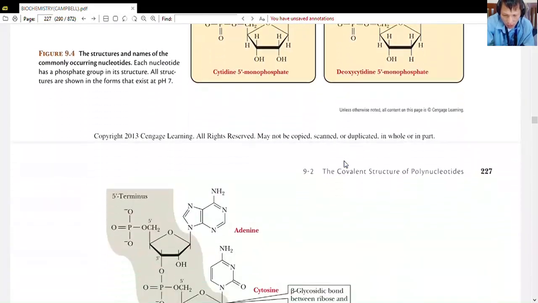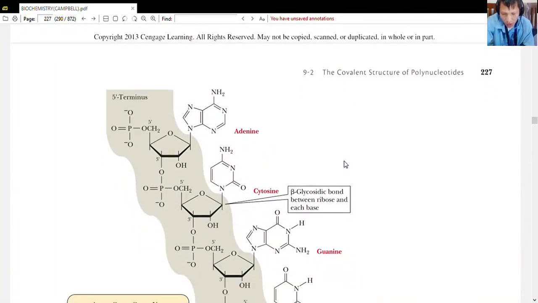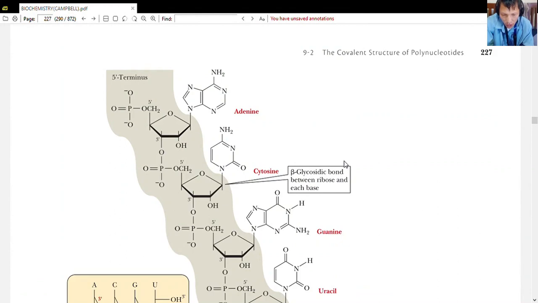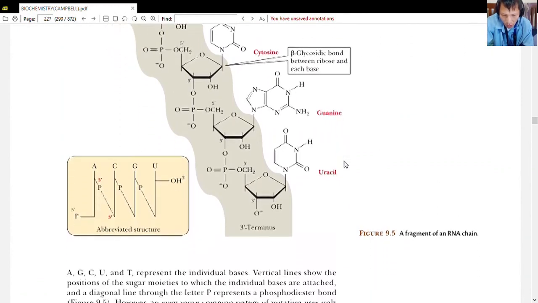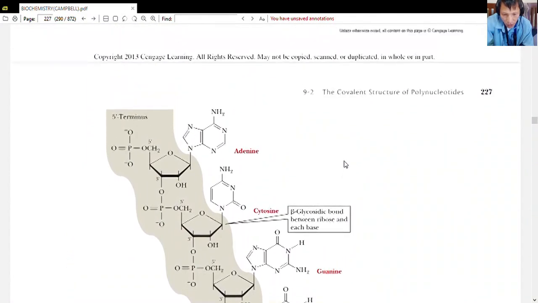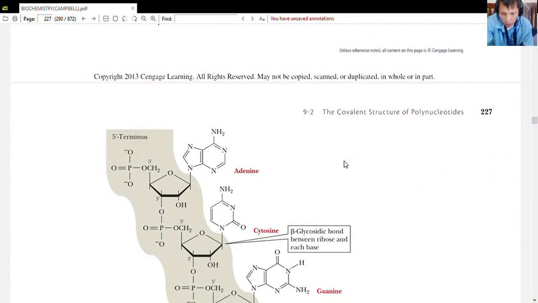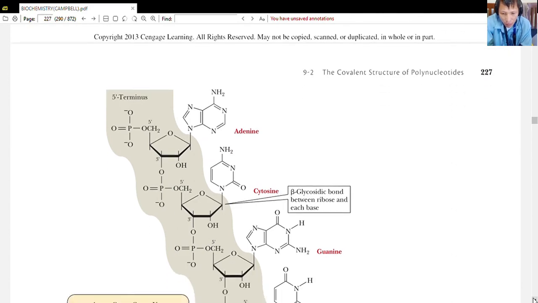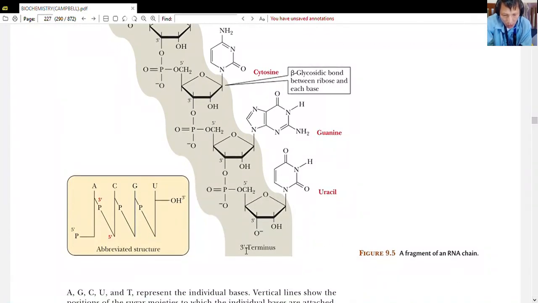Another here, I think this is a portion of your RNA, a fragment of an RNA chain. As you can see, there is the 5 prime terminal, and then there is a 3 prime terminal.